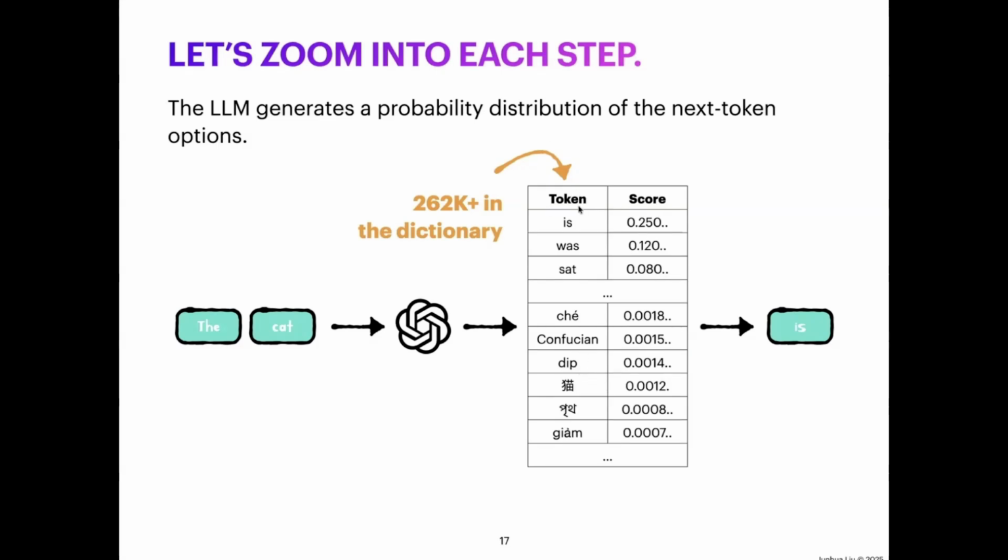The tokenization algorithm we used in our lab has 262,000 tokens in the dictionary. So here we can see that the word "is" shows up with 0.25, which is a 25% probability of showing up. And then the next one, "was", has 0.12 and so on. And some tokens in other languages will show up also. We see Chinese and some other languages. By that, then we choose a word based on the probability distribution. That is how each step works.